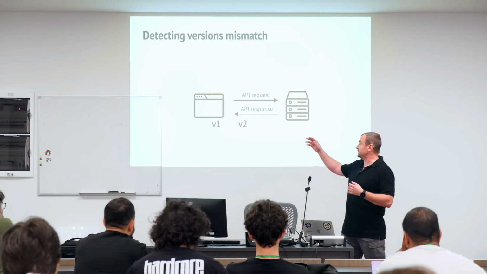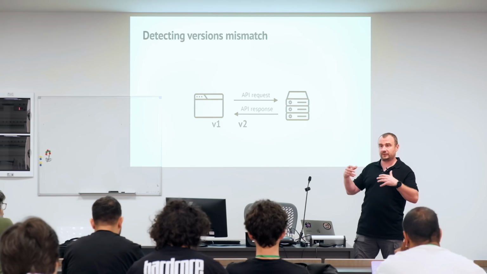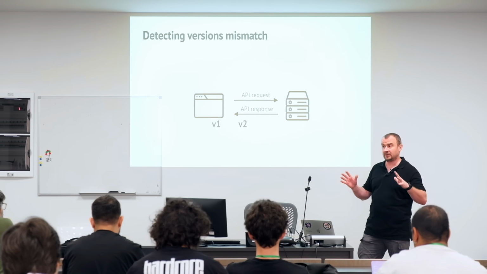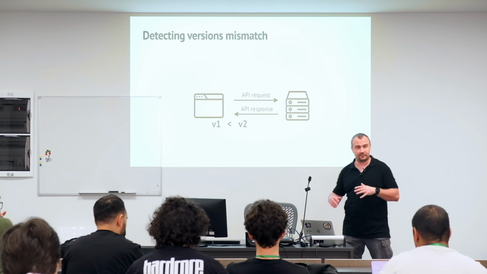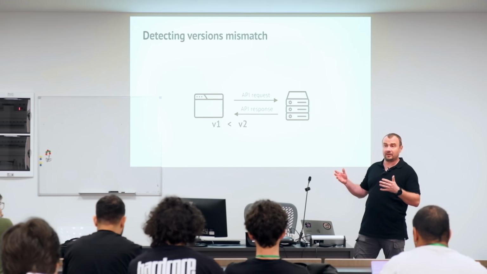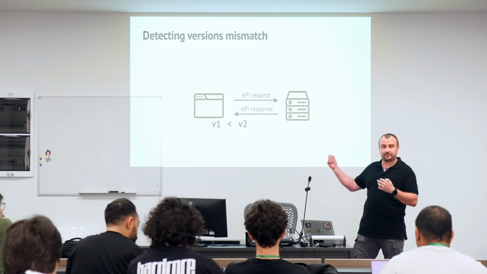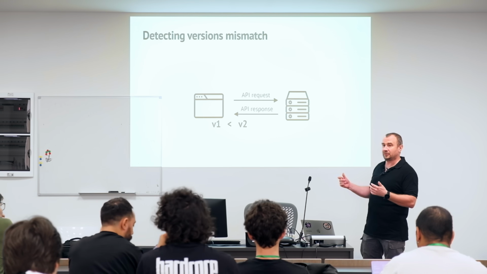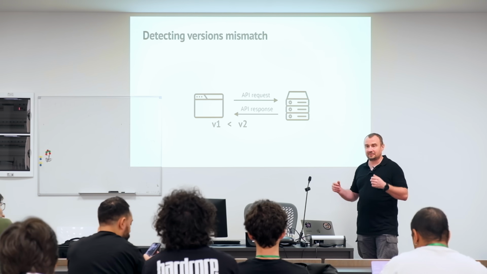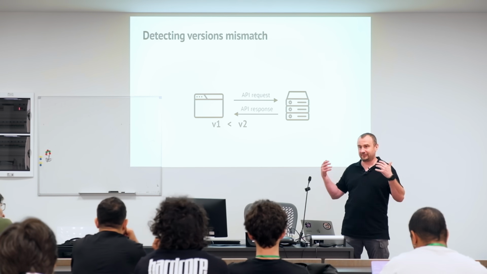For example, with every API response, the backend can return its version, like in HTTP headers. And by comparing its own version with the backend version, front end might learn that, well, it seems I'm outdated. Okay? So once we learn that, what do we do? We should probably trigger a page refresh, right?